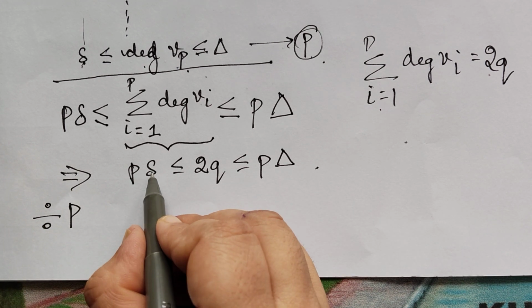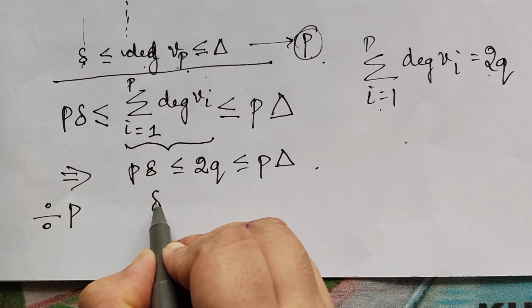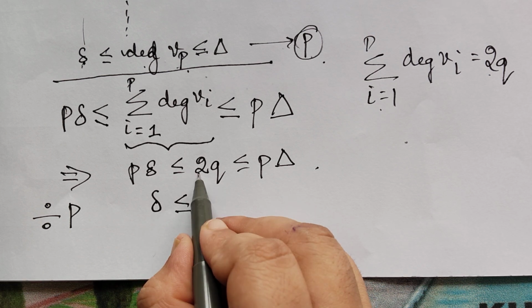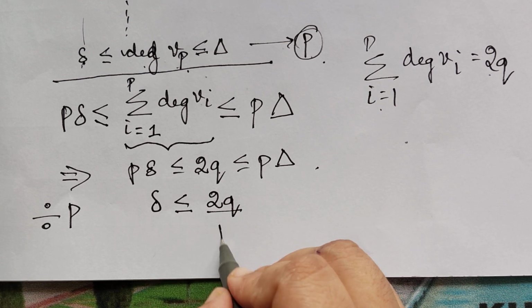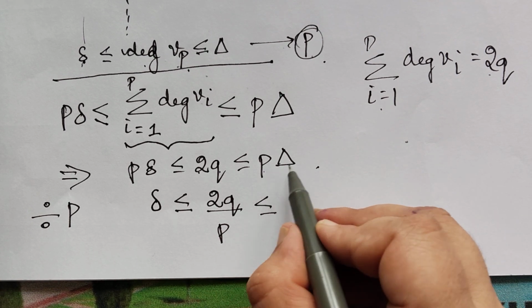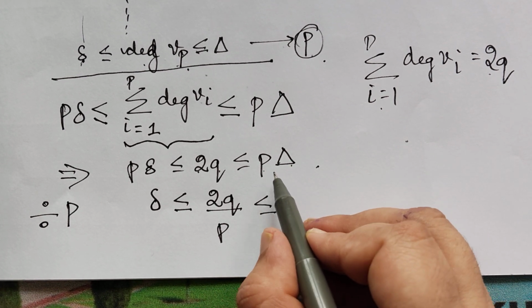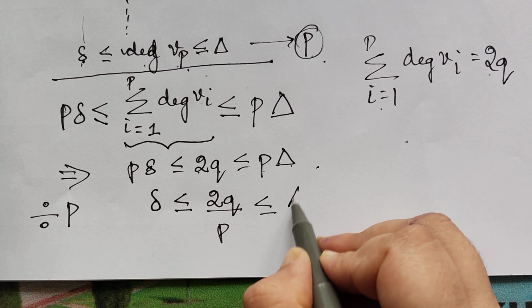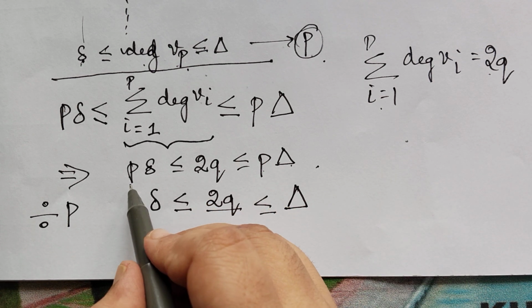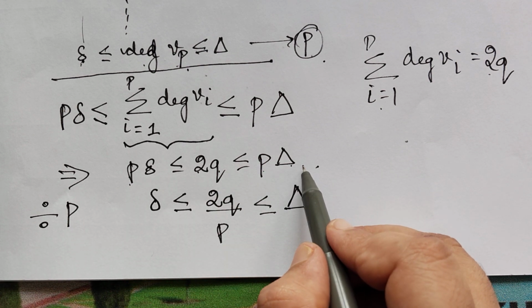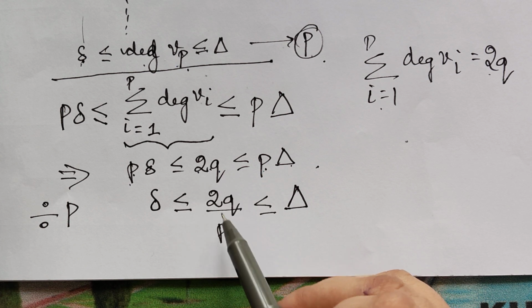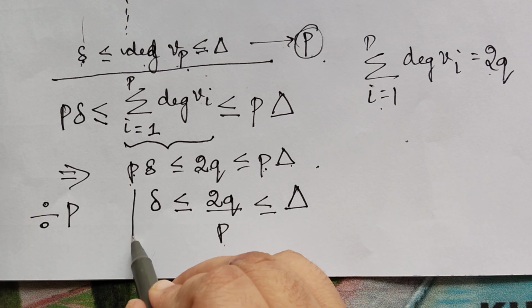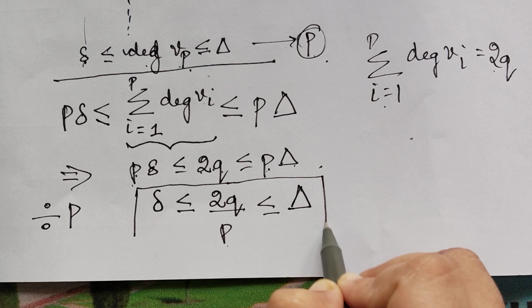So when p delta is divided by p, you will be getting delta lesser than or equal to 2q divided by p, so it will be 2q by p lesser than or equal to, when p delta is divided by p, p and p will get cancelled and you will get capital delta. So when this is divided throughout by p, this p goes off and this also goes off. Here you will get 2q by p, and therefore we have arrived at the result that we require.